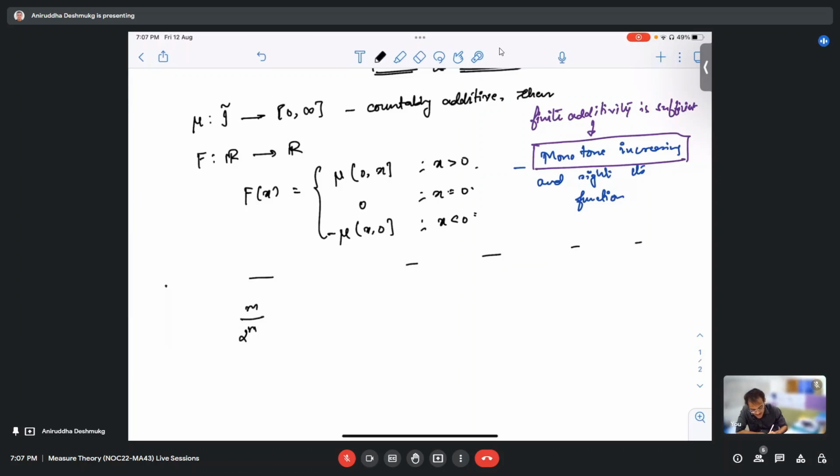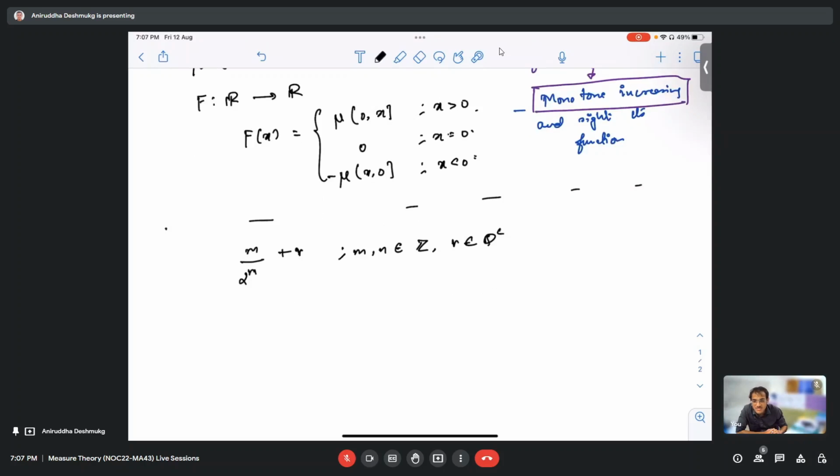Now you add an irrational number here. Suppose r belongs to the irrationals.